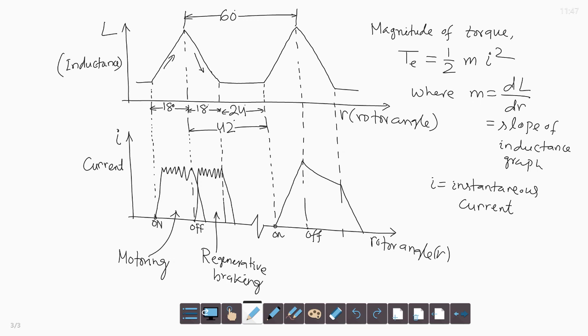So, this is the operation for high speed operation. High speed operation means high counter EMF, back EMF.